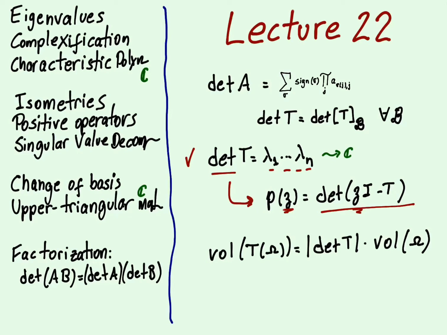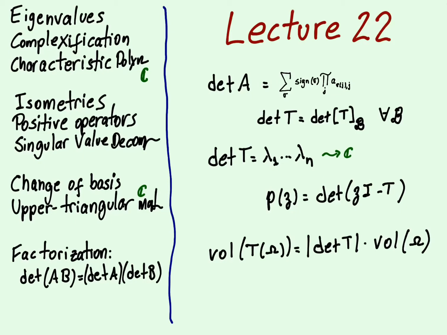Recalling that in this course, we defined the characteristic polynomial as the product of z minus lambda j over all eigenvalues lambda j, with multiplicity, of the complexification of the operator. So this theorem that we proved reconciles these two definitions of characteristic polynomial. This one and this one, they are the same.